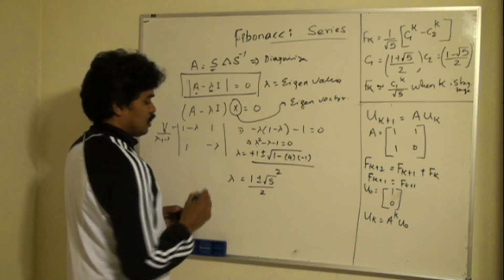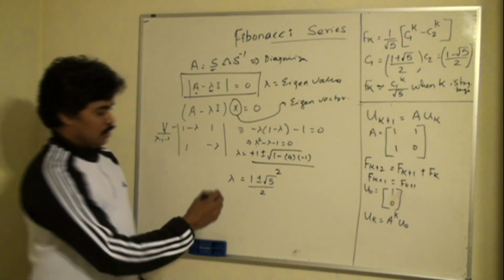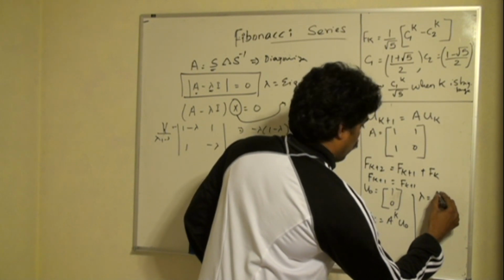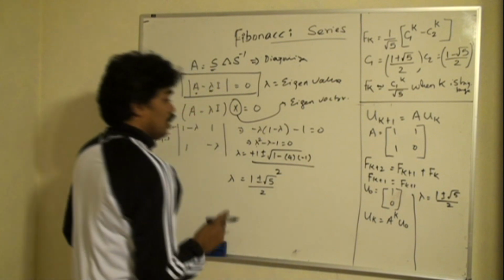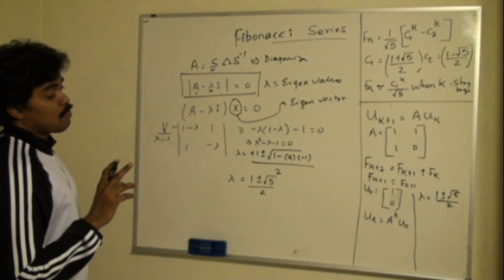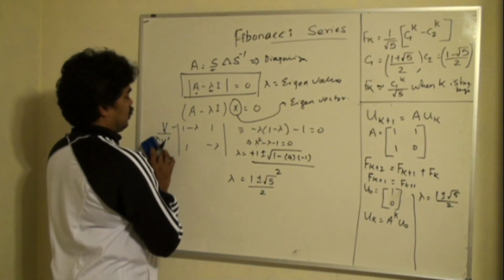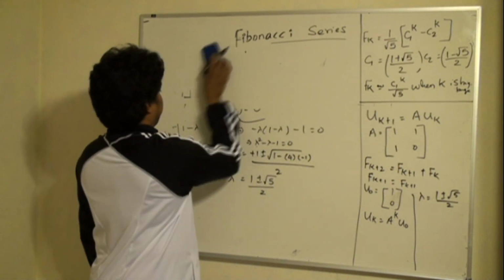So the lambda is 1 plus or minus square root of 5 by 2. I will write that also here. So lambda is equal to 1 plus or minus square root of 5 by 2. That is the eigenvalue of the matrix A. So now I'm going to get the eigenvector, right?